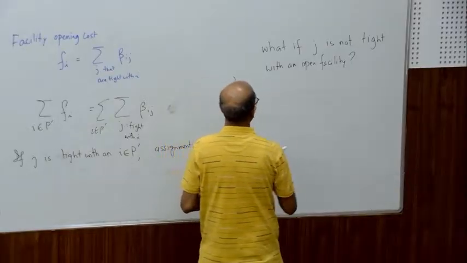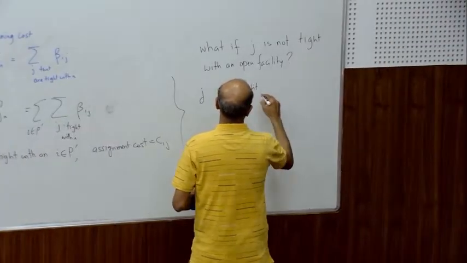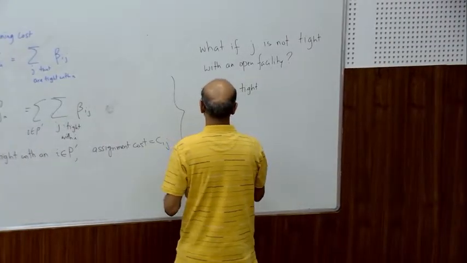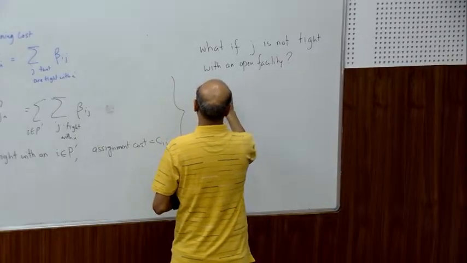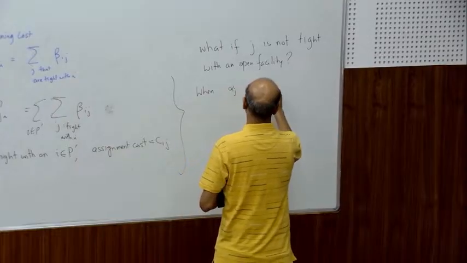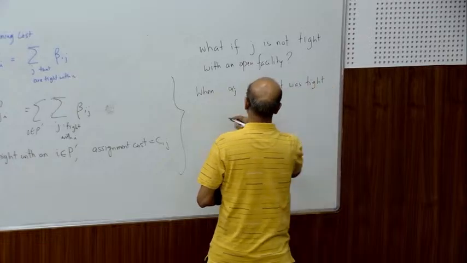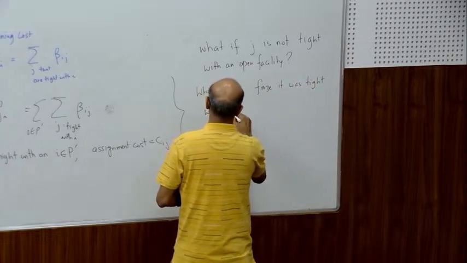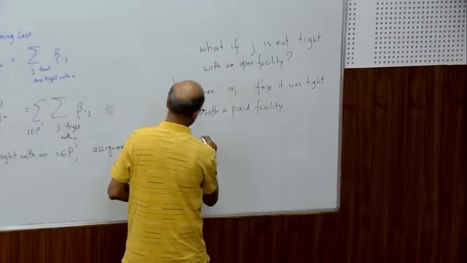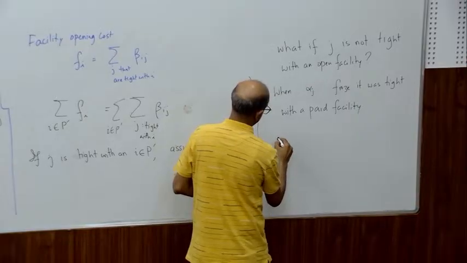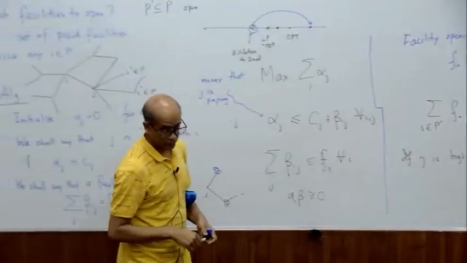So when alpha J froze, it was tied with a paid facility. Okay, so this is J, and everybody is tied with the paid facility. So let's say J is tied with I prime.